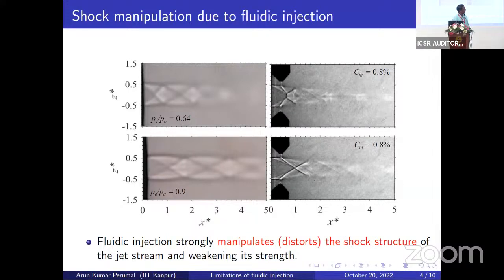When the mass flow rate was the same for different cases, we see a gross distortion in the shock structures. Even though this work was not interested in what is going on inside the shock structure, we see strong changes in it. This is going to alter the parameter we discussed, the supersonic core length, which is a measure of these distortions.